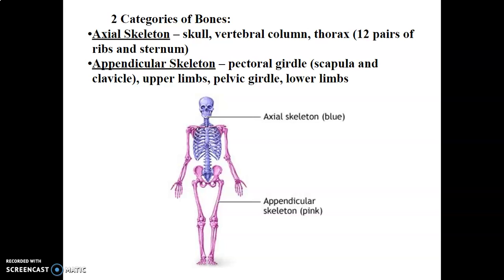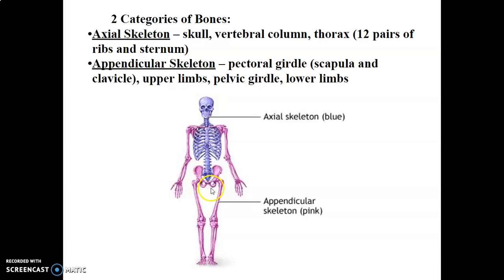So the axial is right along the axis, the main part of our body. The appendicular is made up of the appendages and also the structures that carry those appendages. So we have the pectoral girdle, that's our scapula and clavicle, our shoulder blade and collarbones. You see right here represented our shoulder area, and then also the upper limbs, the arms, all these different bones that make it up.